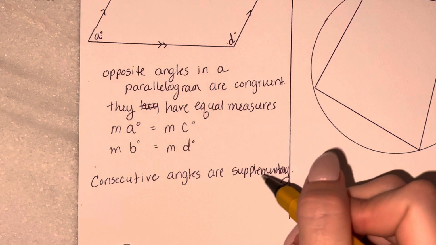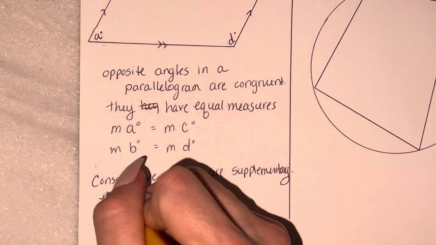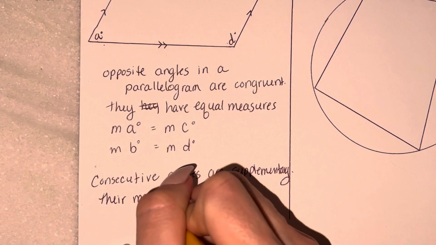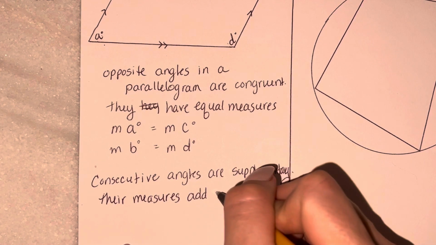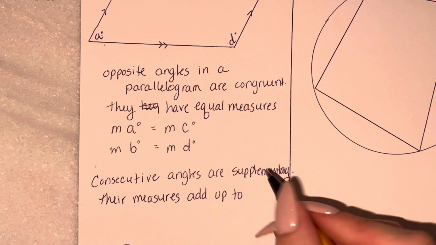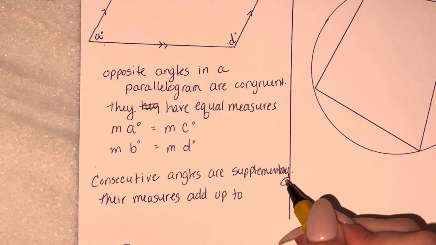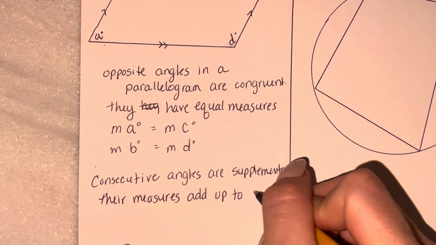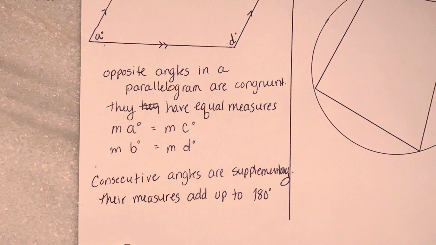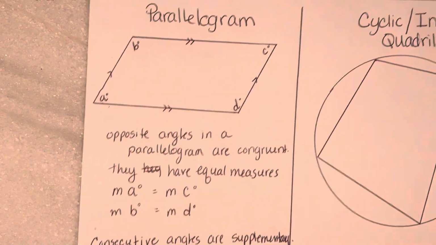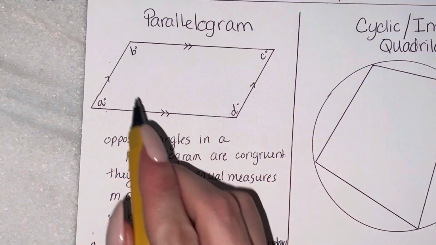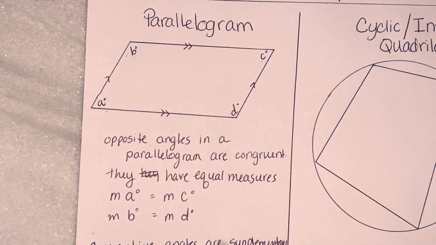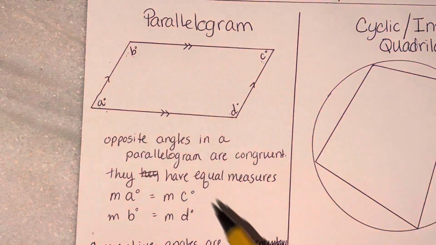And if you remember what supplementary means, it means their measures add up to, and do you remember what supplementary angles add up to? They add up to 180 degrees. So what we would say about that is A and B add up to 180, B and C add up to 180, C and D add up to 180, and D and A add up to 180.